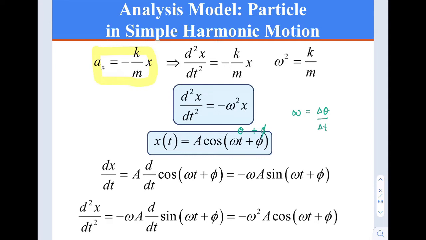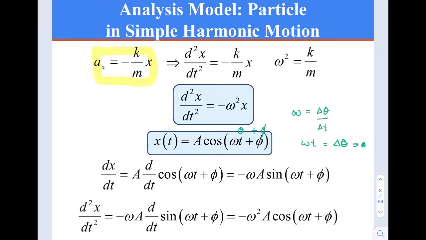So omega t is actually delta theta, or simply theta. Phi here is the phase angle, a kind of angle as well, giving us information about the condition of the position of the object, where the x of the object is whenever t is 0.